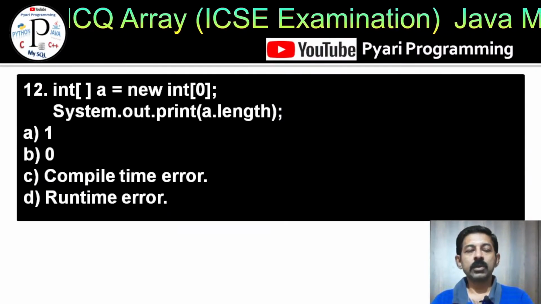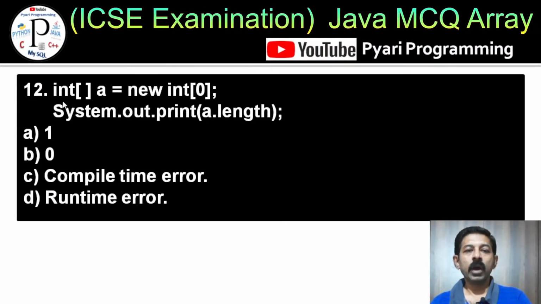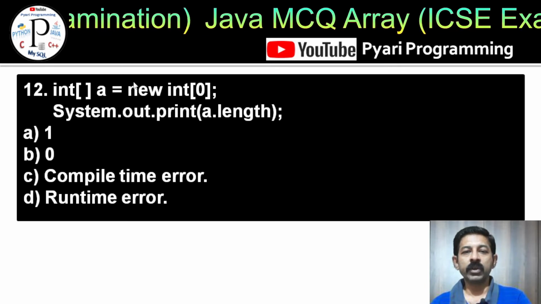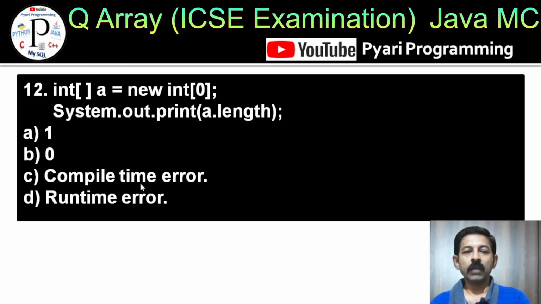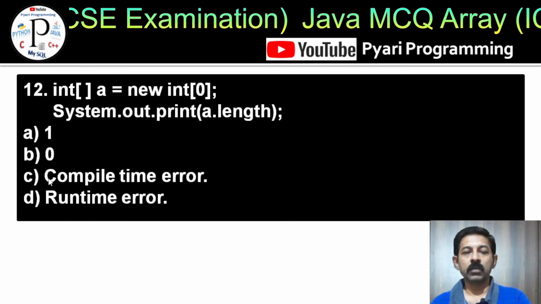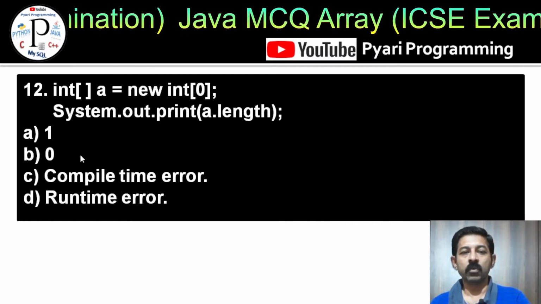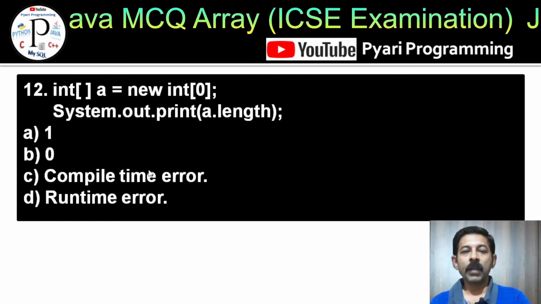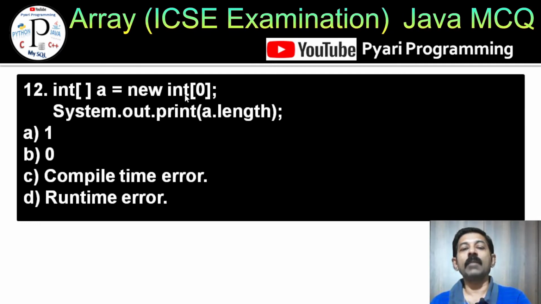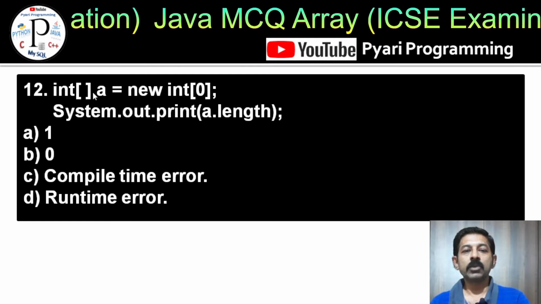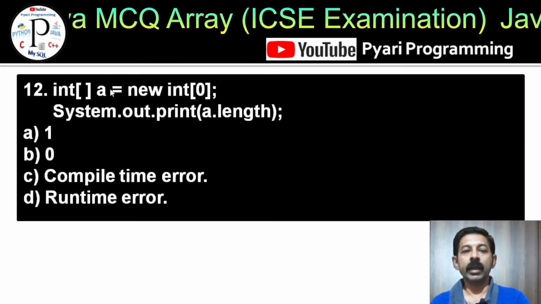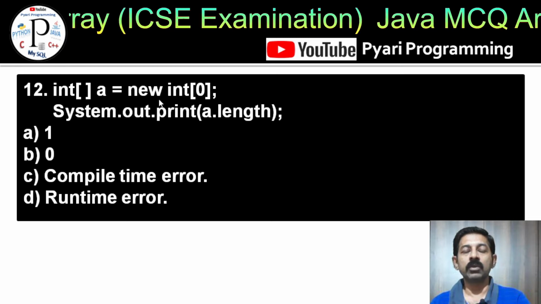Now let's discuss this one. Here we have a statement which creates an array and displays its length. In the options we have compile time error and runtime error. First of all, we are going to emphasize this before going for an output. Compile time error normally generates when we have a syntax error. Now let's check the syntax. We have data type, empty square bracket for array, array name is equal to new keyword to create an array.